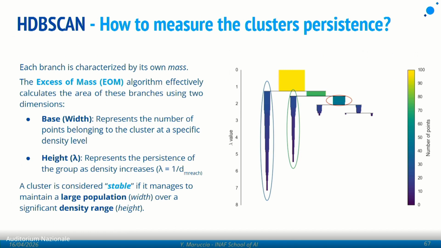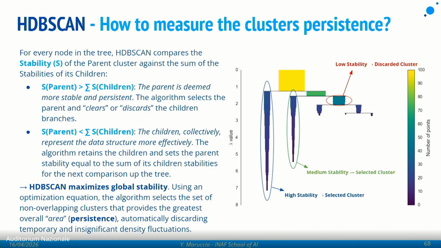Okay, and so a cluster is considered stable if it manages to maintain a large population within a significant density range, that is the height. So this is how it decides if a group is a cluster or not. You can see here that this cluster on the left has a high stability.